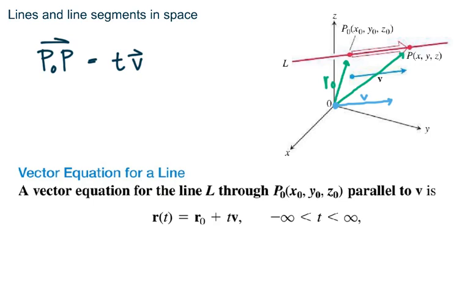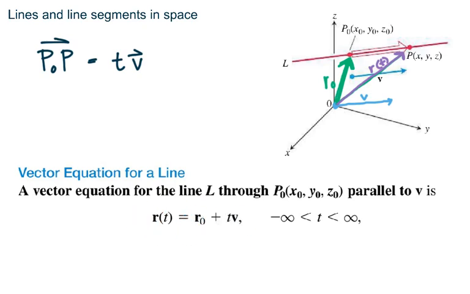So restating it, the r vector, r of t, is the position vector at point P, and r naught is the position vector going from the origin to P naught. So r of t being that position vector is going to take us from the origin to the terminal point.